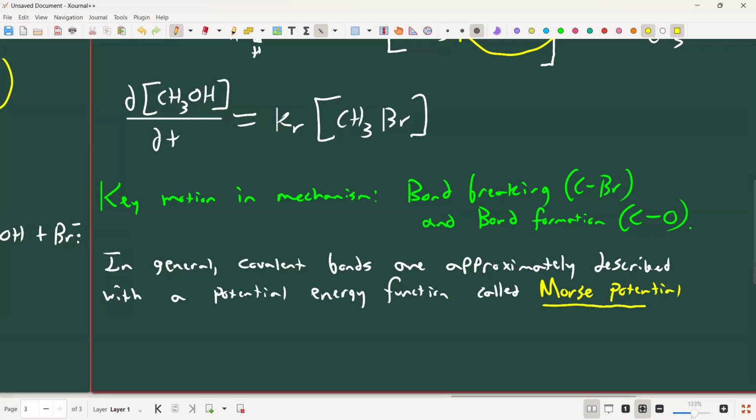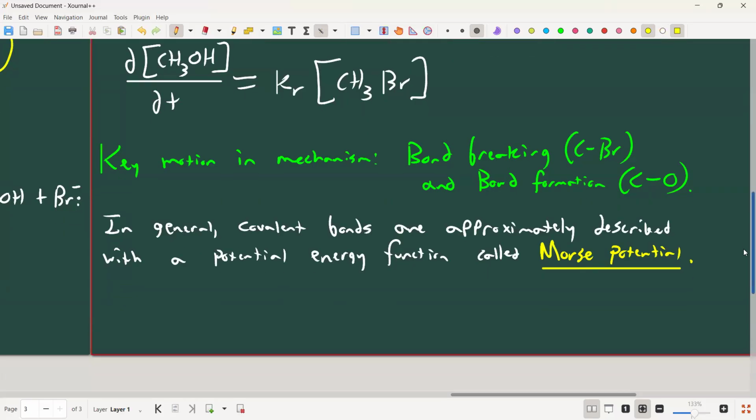And the Morse potential is a really simple function. We don't have to worry too much about what the function looks like. I'm going to write the formula down for it. We just need to analyze it on a graph. I think visually it's much more clear.